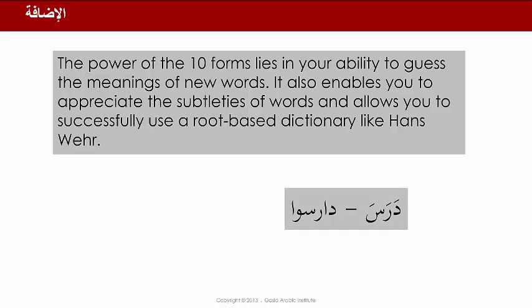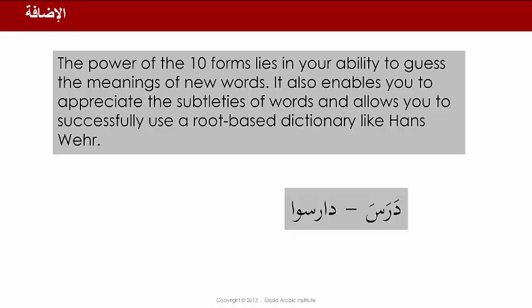Let's look at darasa. Darasa means, as you know, to study. He studied. If we know that form 3 is fa'ala, and we want to know this new word, darasu, then we would say it fits the pattern of form 3.